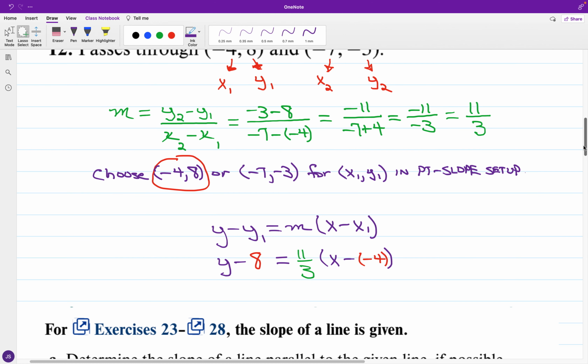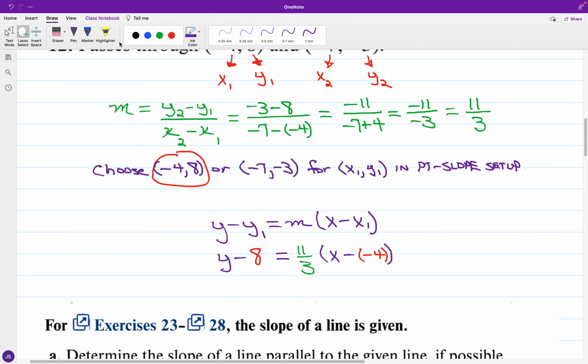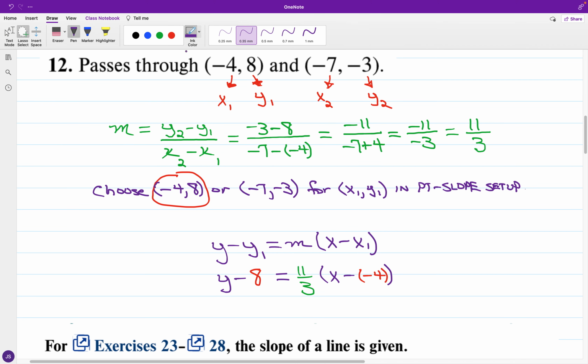Okay, so we got what we have for the point slope equation setup. So right now we got y minus 8 is equal to 11/3 times the quantity of x plus 4.